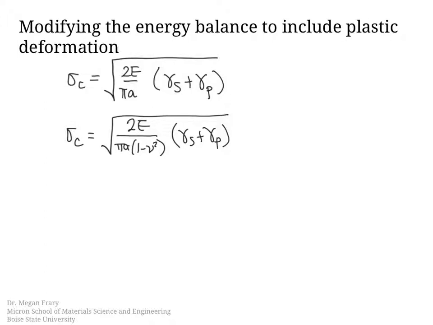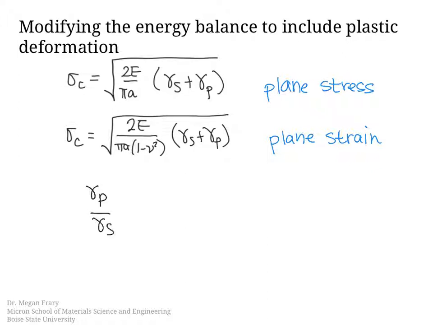So here we have the modified Griffith criterion, which now takes into account this new energy term with the surface energy and the plastic work done. And this top equation here is for plane stress, and the bottom is for plane strain. If it's the case that the plastic work done is much greater than the surface energy term, such that this relationship here is true, then we can rearrange this equation to find the following.